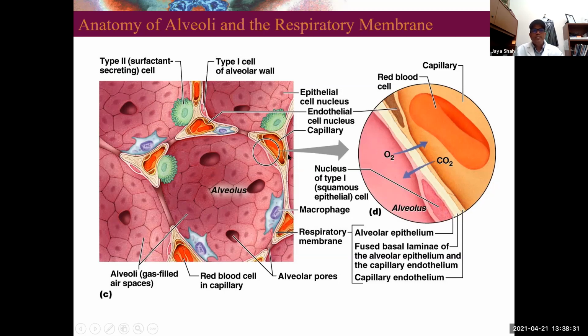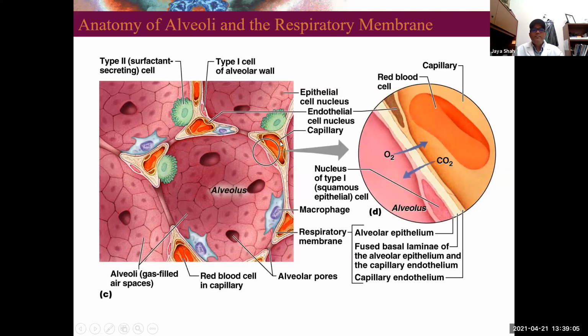So you have the plasma membrane of the alveolar cell, then the plasma membrane of the capillary, which is made of endothelial cells, because the capillary wall is also made up of epithelial cells, called endothelia. So there is only a 2 cell thick membrane, and in between, to attach them, there is a whitish area called the basement membrane.